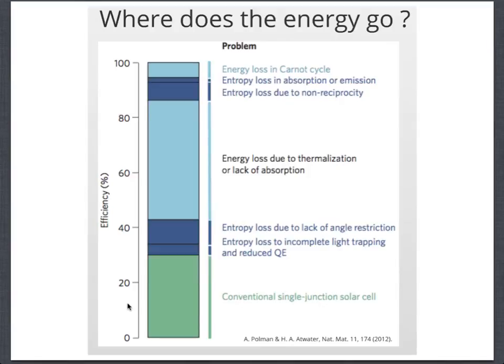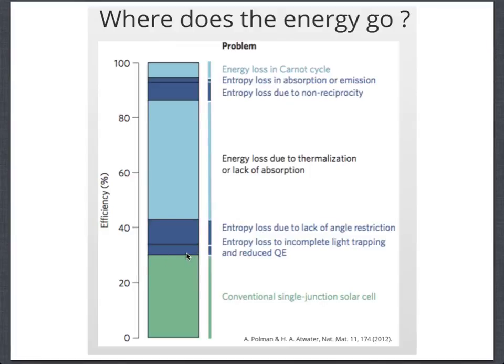Basically, the green area, about 30 to 33%, is the highest efficiency that you can achieve with a single junction solar cell, say silicon. And the blue portions are different losses.